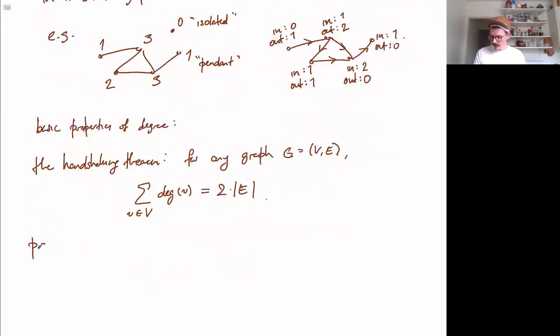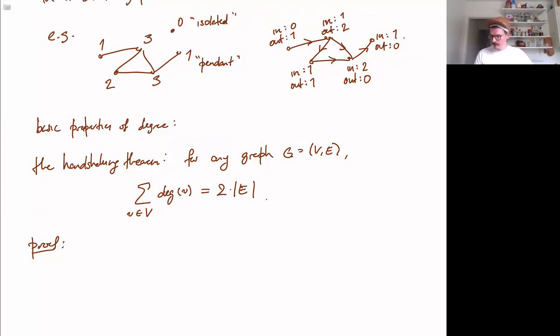Let me start by saying why it's called the handshaking theorem, because of the analogy with a room full of people, and some of them shake hands with each other, counting how many people have shaken hands and how many handshakes occurred.